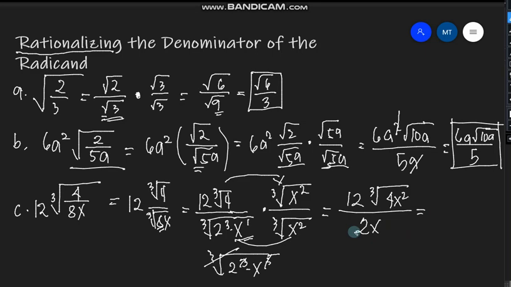And so, you can just simplify your 12 and 2 there. So, you now have 6 cube root of 4x squared all over your x. So, that's the final answer already.